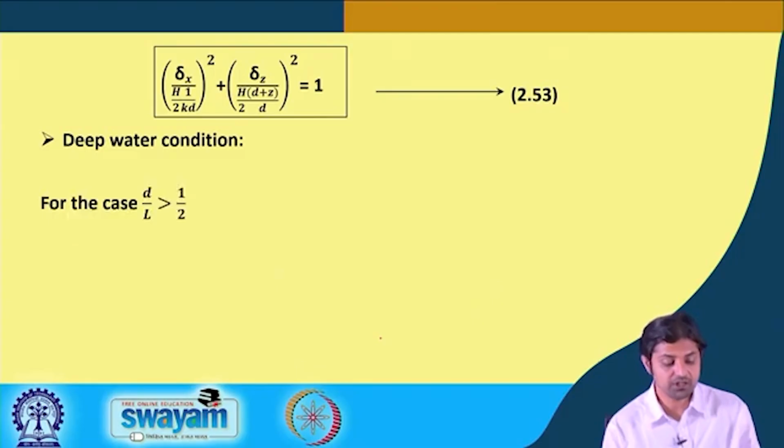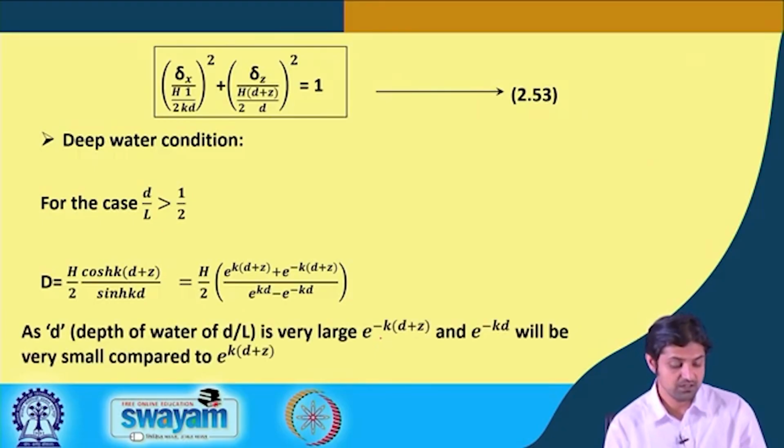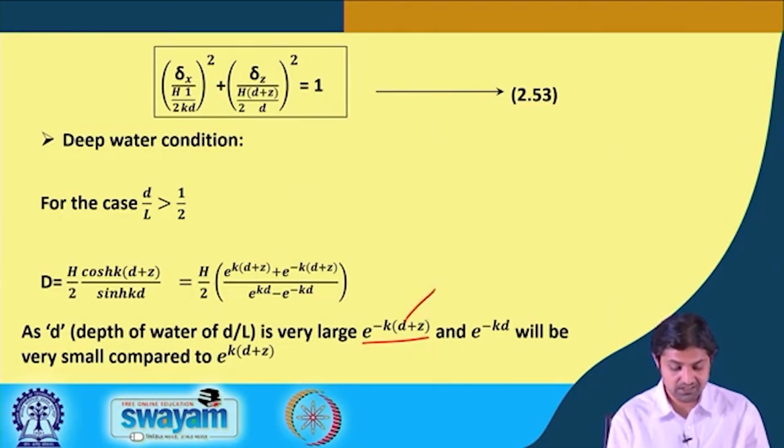But in deep water, for the case d by L greater than half, D becomes H by 2 e to the power k(d+z) plus e to the power minus k(d+z) divided by e to the power kd minus e to the power minus kd. As d is very large, e to the power minus k(d+z) and e to the power minus kd will be very small, correct, because it is deep.